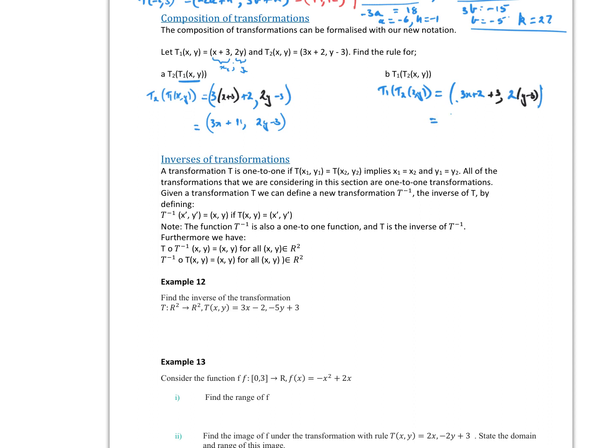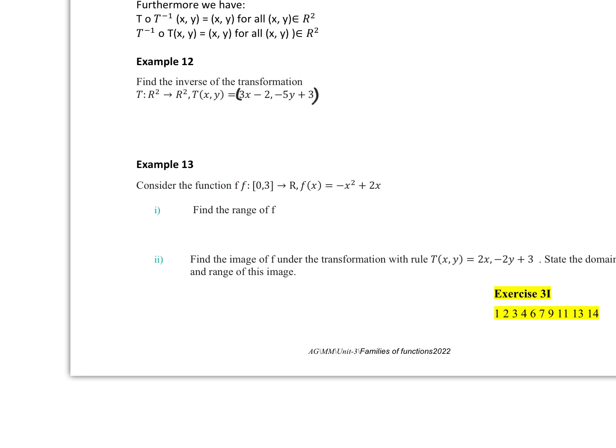That gives me a transformation of 3x plus 5, 2y minus 6. Okay, so finding our inverse transformation is not unlike finding our inverse function. Typically, we would say that maybe (x', y') becomes (3x minus 2, negative 5y plus 3).